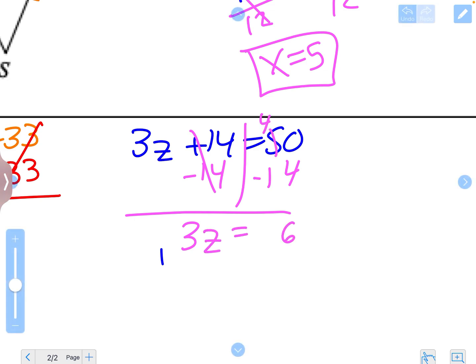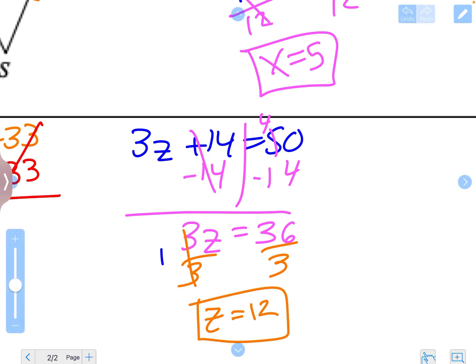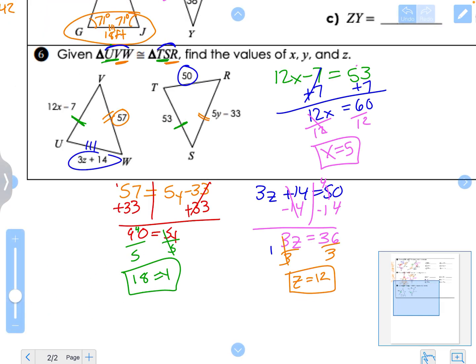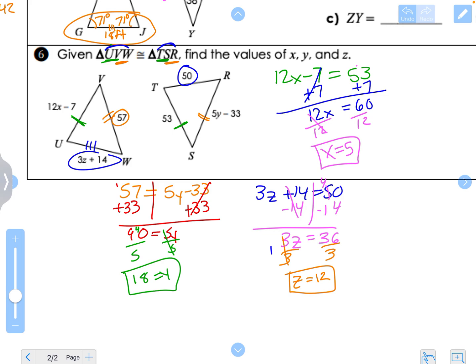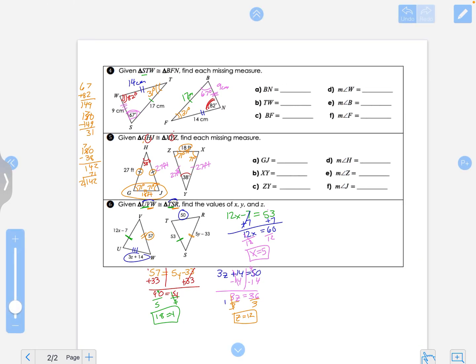I had to carry a 4, 36. Divide by 3, z equals 12. And so that's how we can use our CPCTC theorem to find missing angles and missing sides of congruent triangles.